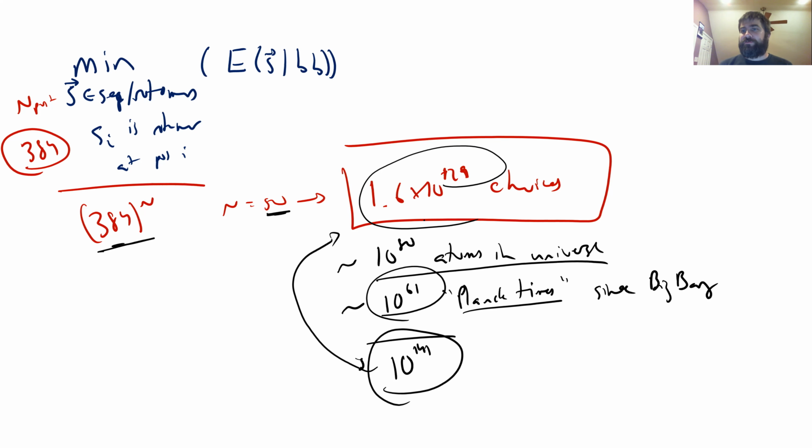The same thing is true here. Levinthal's paradox isn't really a paradox. It just tells us that's not how proteins fold. This limitation, this beyond astronomical size of the search problem, simply tells us enumeration isn't a strategy, random sampling isn't a strategy. We need a strong bias in the problem.